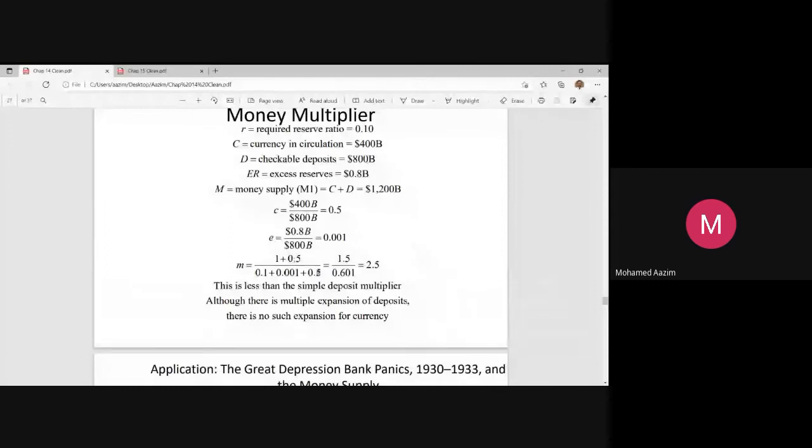I said before, you can experiment and see. You can change the required reserve ratio and the excess reserve ratio. Let's say we change the required reserve ratio to 0.05, not 10% but 5%. The denominator would then tally to not 0.601 but 0.551.